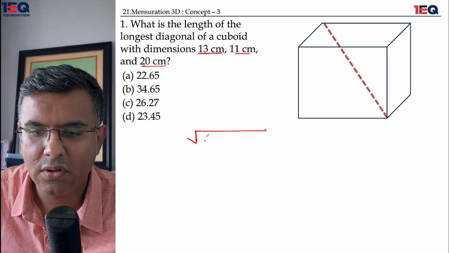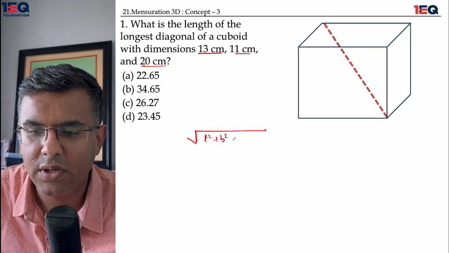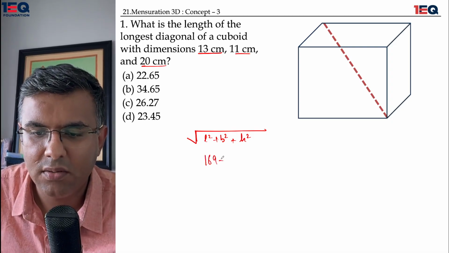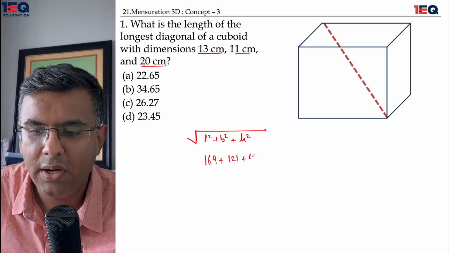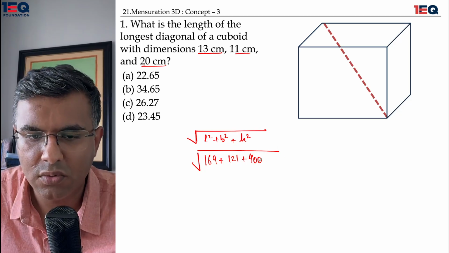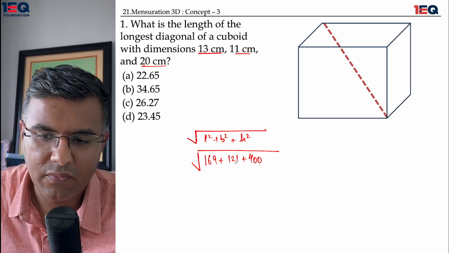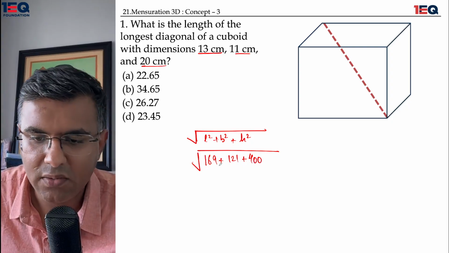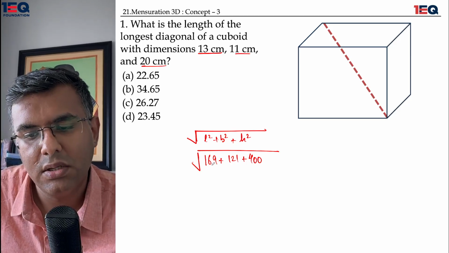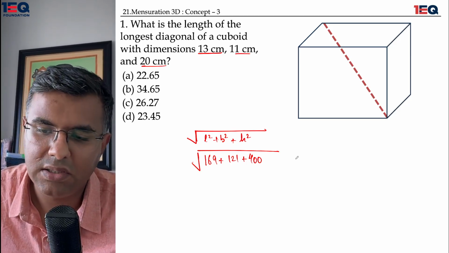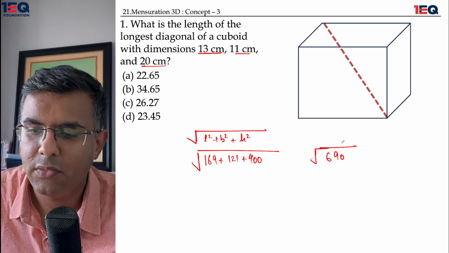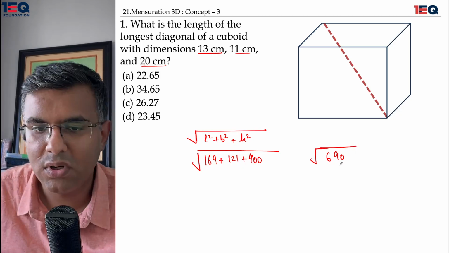We have the root here, root of L square plus B square plus H square. So L square is 169, B square is 121, and H square is 400. All of this would again go into the root. So this comes out as root 690.